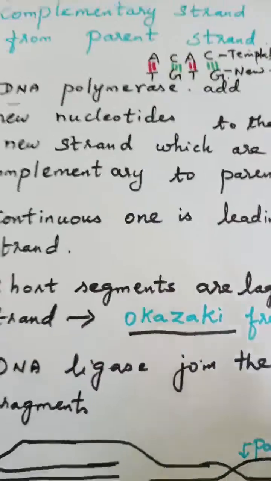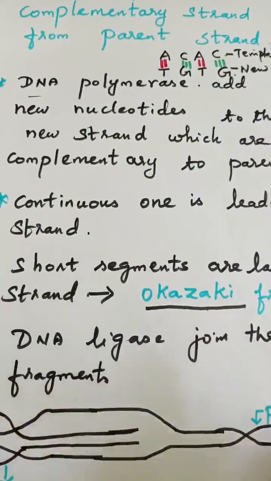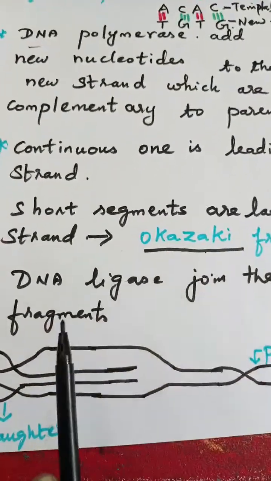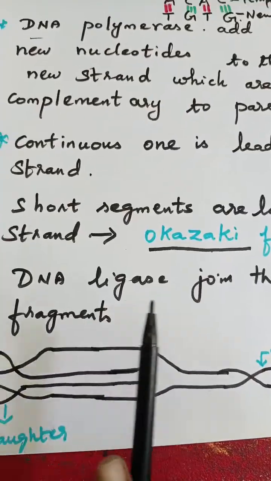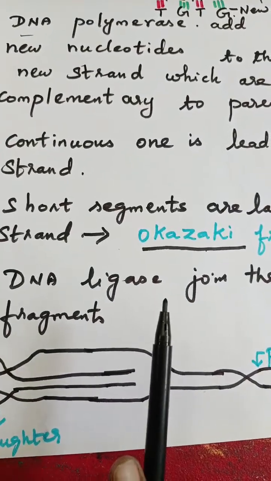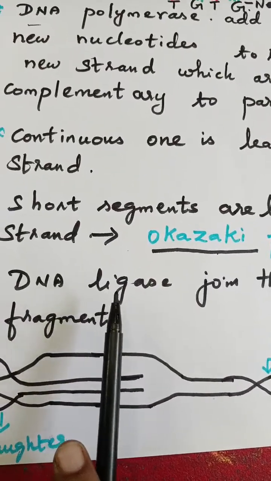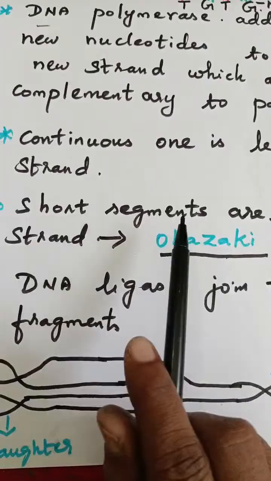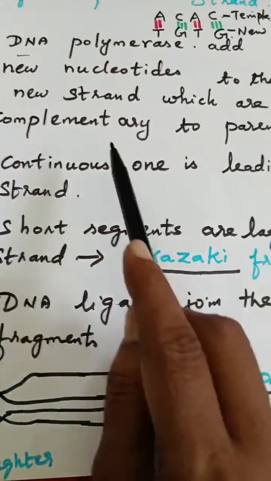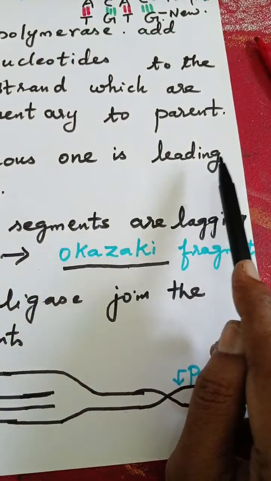Okay, coming back to the fourth step, another enzyme, DNA ligase, will come and play its role. What will it do? Ligase means the enzyme which will join the short segments or fragments. I told you one strand will be continuous, that is the leading strand.